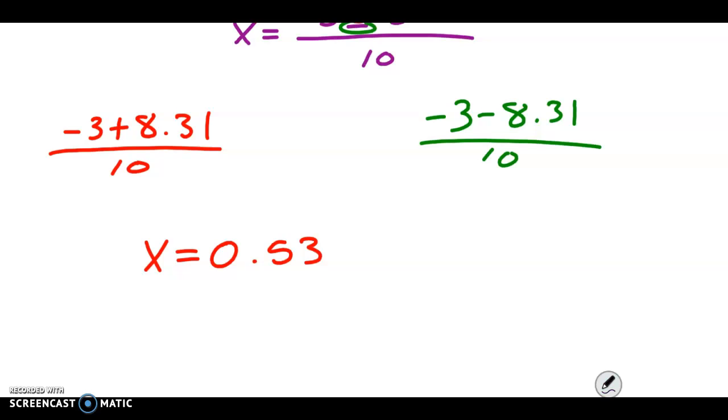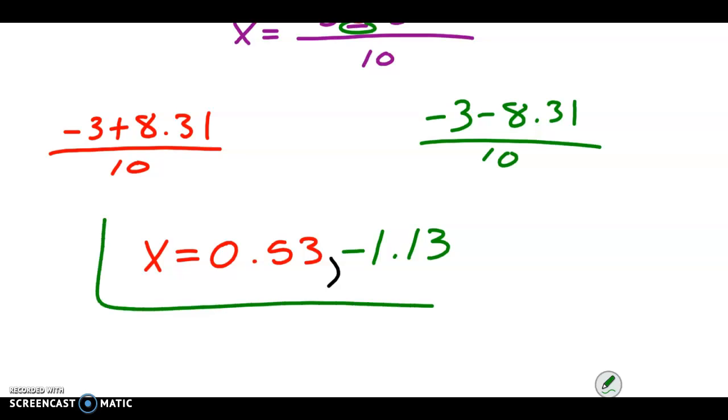And then in green, I'm going to get negative 1.13 when I round to the nearest hundredth. So those would be my two solutions here.